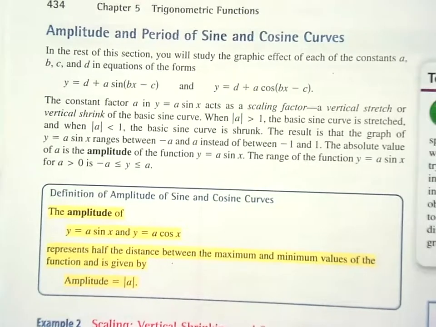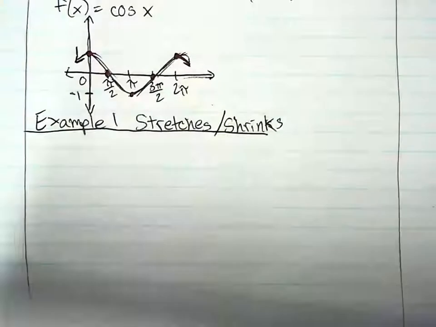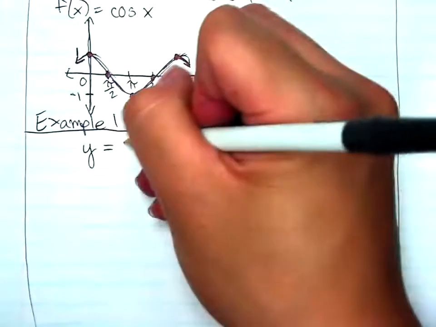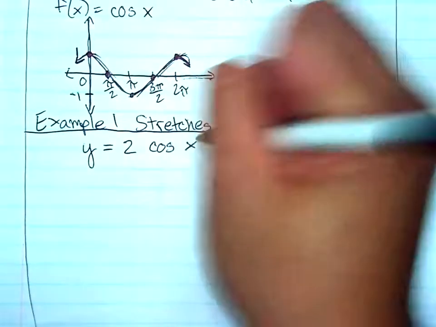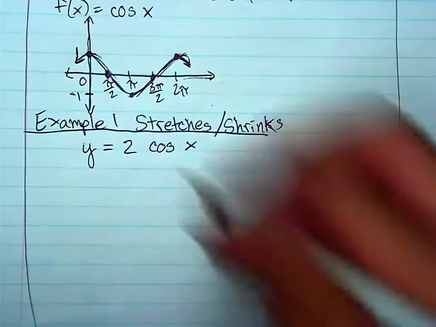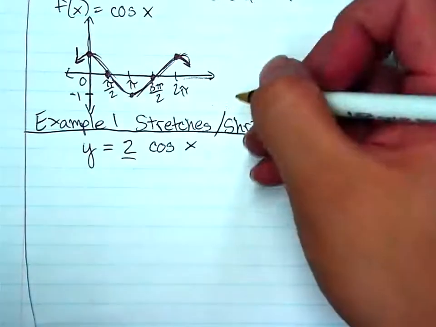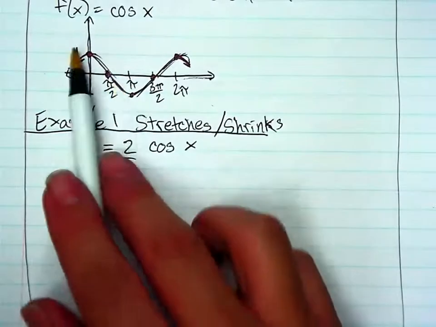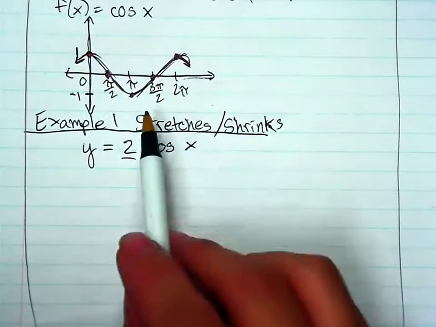Okay, so we're going to look at the example of y equals 2 cosine x. So nothing else, just an amplification. We have 2. So it's basically going to stretch this original cosine curve all up by 2.